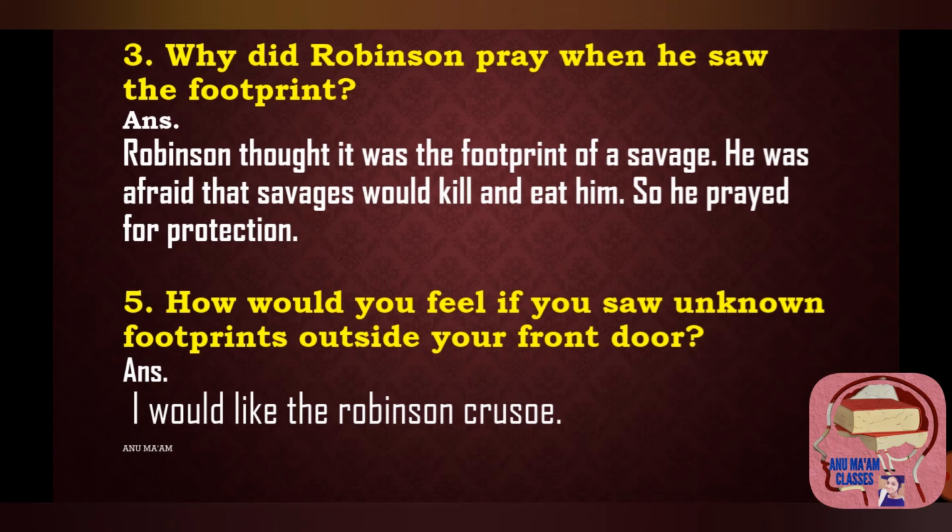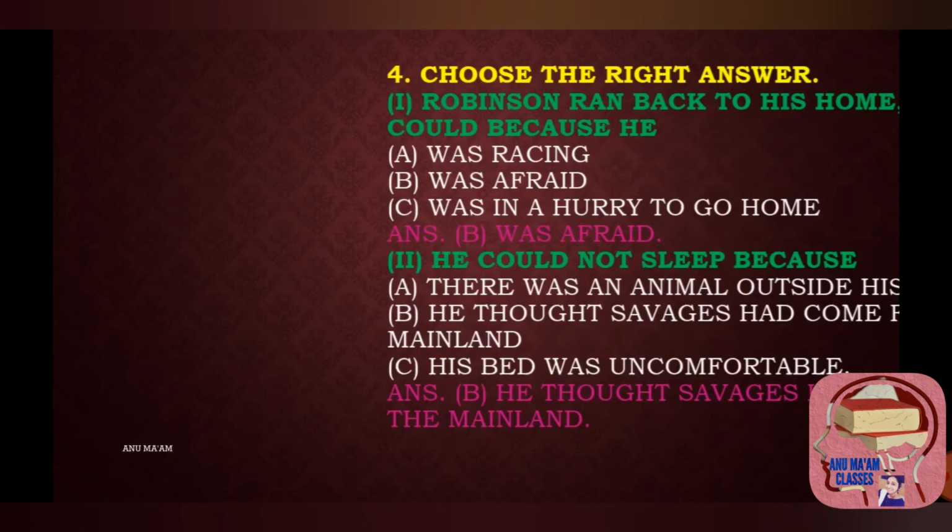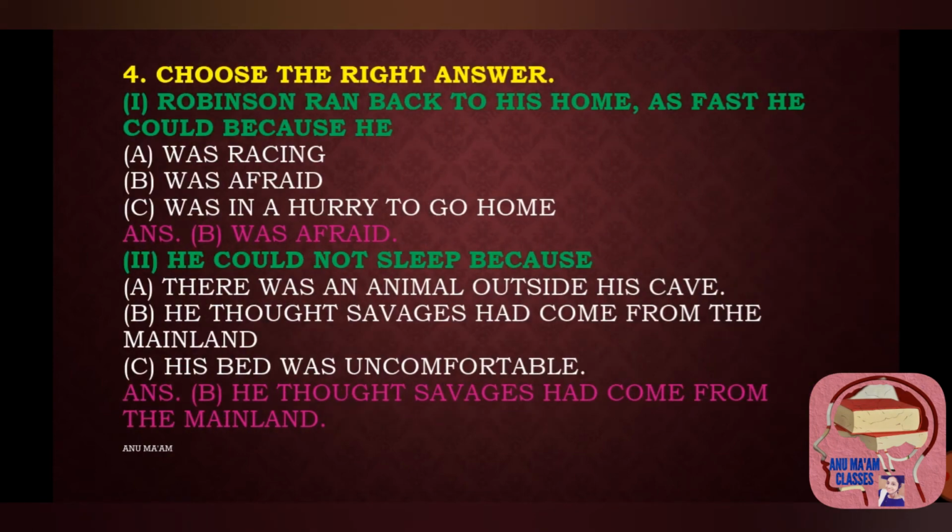Okay. Now question number next. How would you feel if you saw unknown footprints outside your front door? I would feel like Robinson Crusoe. Okay, now see the next question.